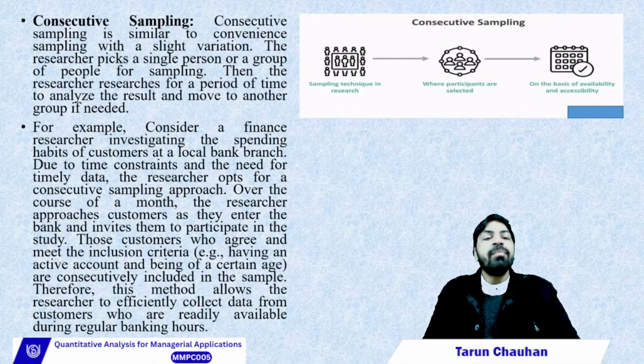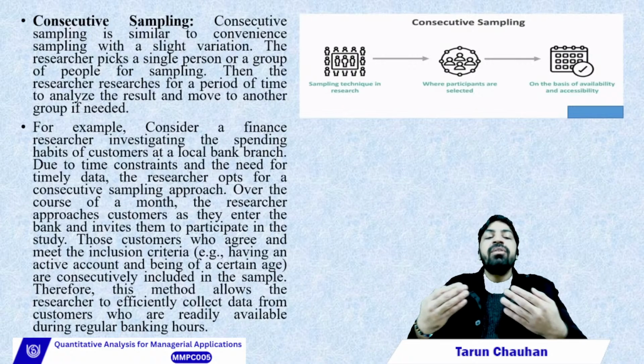Due to time restrictions and constraints, the researcher needs timely data, so the researcher opts for a consecutive sampling approach. Within a month, the researcher approaches the customers as they enter the bank.